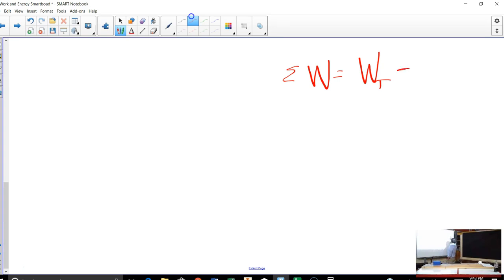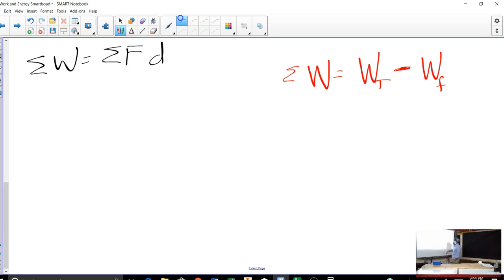I'll put the minus in there now. Minus the work done by friction, which the minus comes from the fact that we know friction's work will be negative. And by the way, I think it was in black down here in the other part, I had the other way that we could have calculated net work and said, hey, if you know the net force and you multiply it times the displacement, you could get it that way.